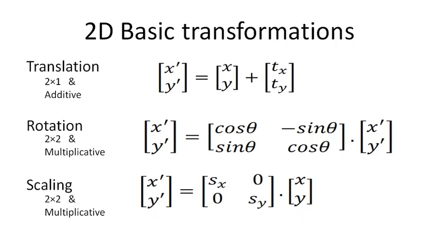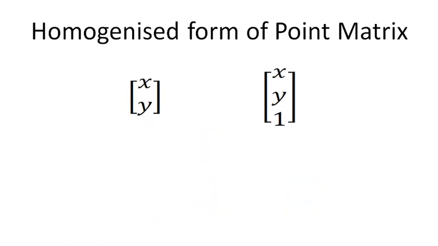Therefore, before transforming in a composite way, we have to homogenize them, meaning we have to change them into a uniform kind of dimension as well as nature. So we will do it.